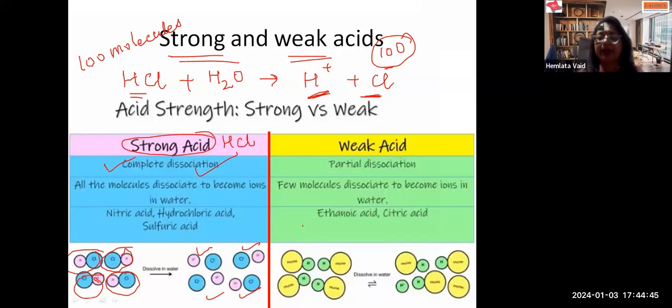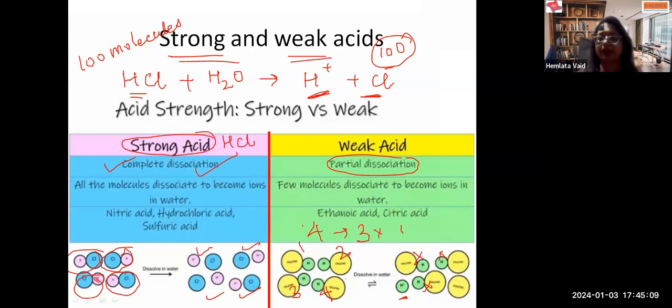But if there is partial dissociation, in this case, you can see 1, 2, 3, and 4. You have 4 molecules of ethanoic acid. This one did not split. This one did not split. This one did not split. Out of 4, 3 did not split.